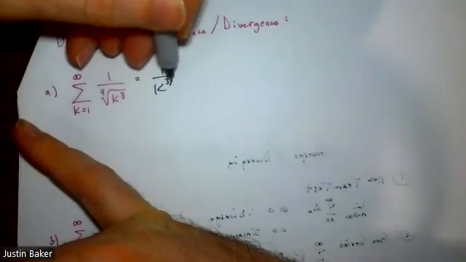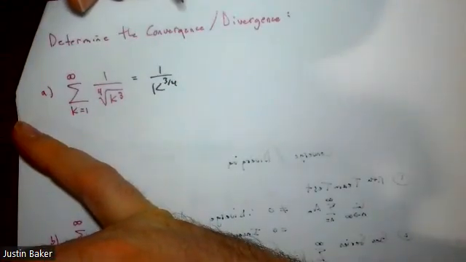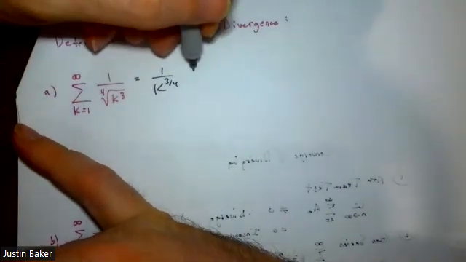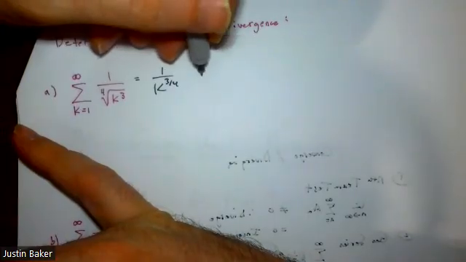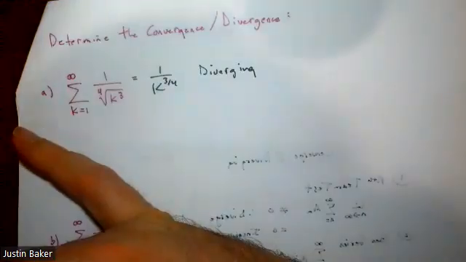Okay, so what I see is that this is really 1 over k to the 3/4 power. That fits the mold of a p series. And since this is a decimal, it's between 0 and 1, this would then be diverging.